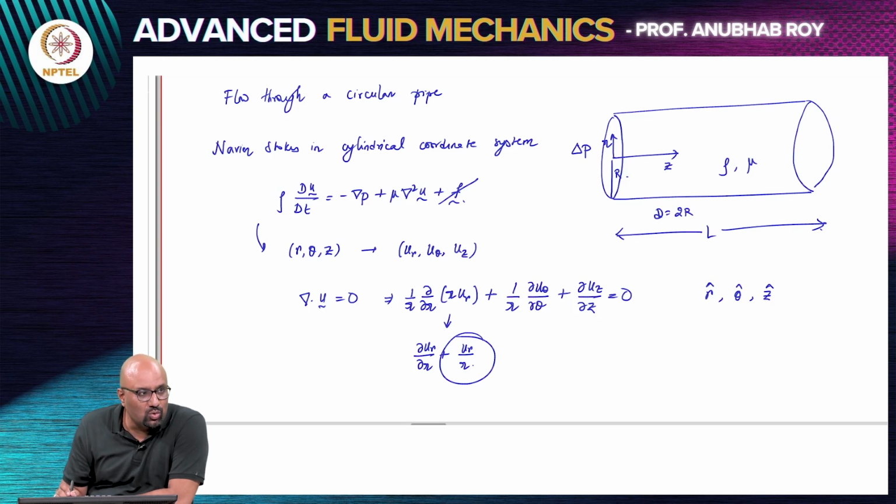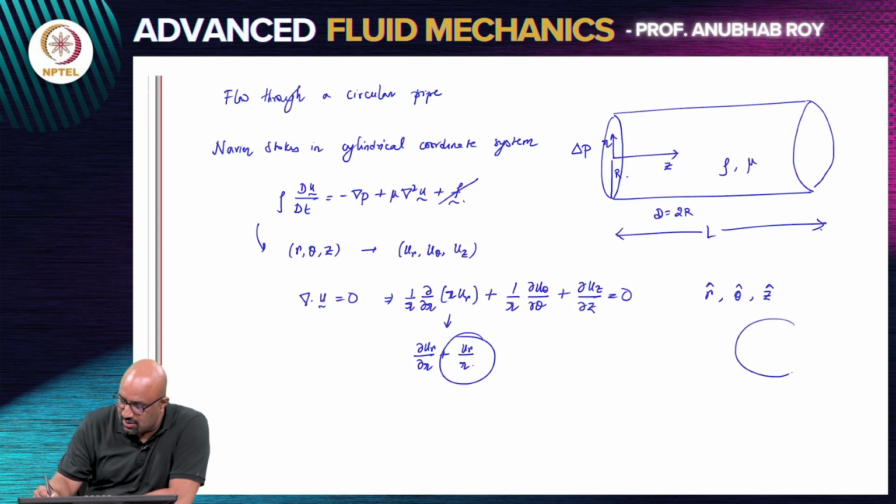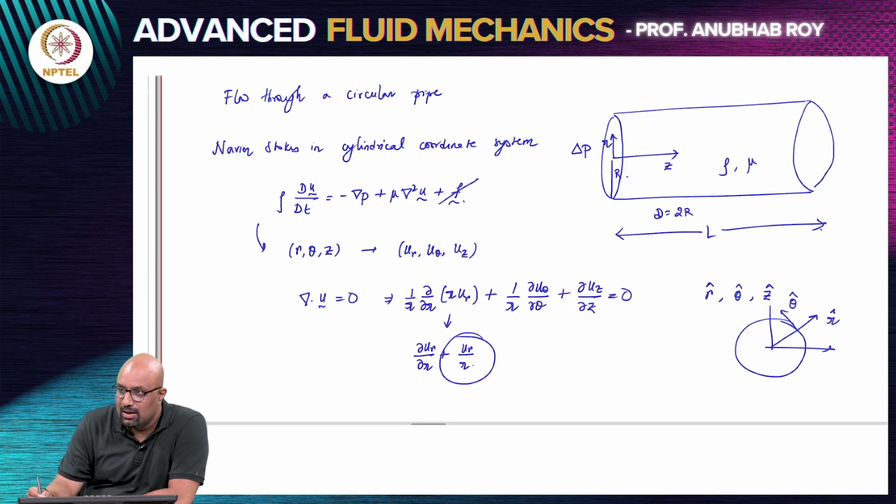Now they are obviously unit vectors, which means they have unit length. So the length of the unit vector in the r direction, the length of the unit vector in the theta direction, the length of the unit vector in the z direction, they are all going to be unity. So their length do not change. But if you were to just focus on, let's say, the cross section and just look at your unit vector which is r cap and the unit vector theta cap, the magnitude of r cap and the magnitude of theta cap remains the same.